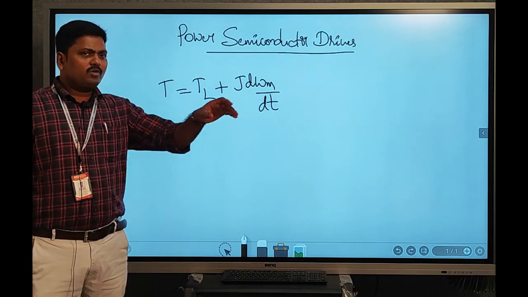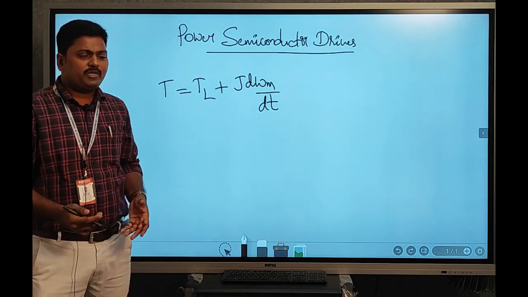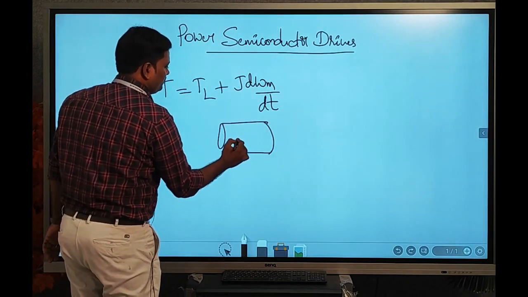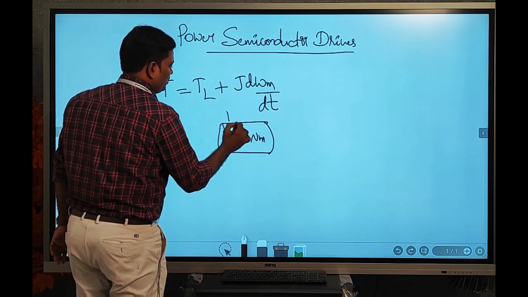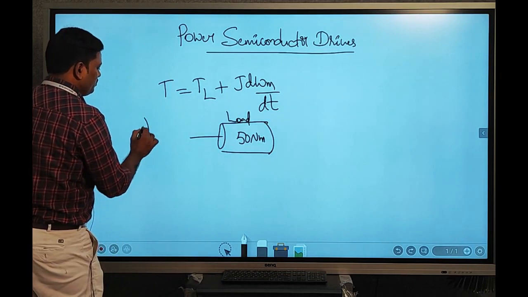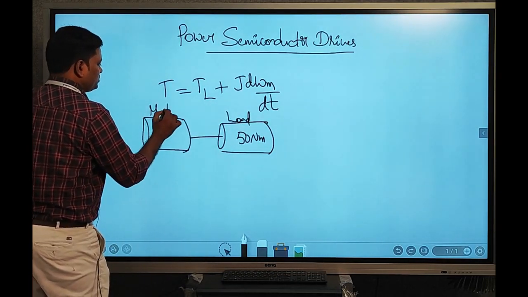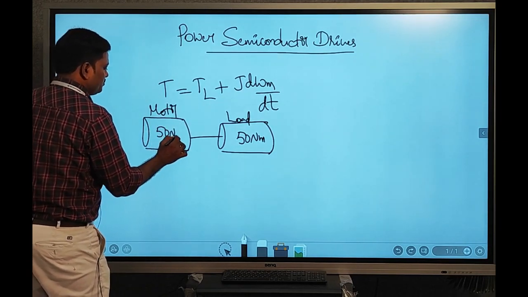If a load needs some 20 or 50 Newton meters of mechanical power, say a load which needs 50 Newton meters, and such a load is connected to a motor which can give 50 Newton meters.